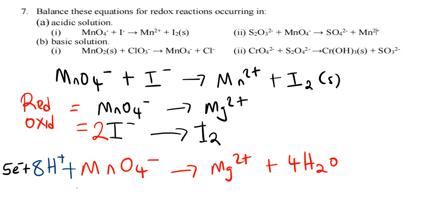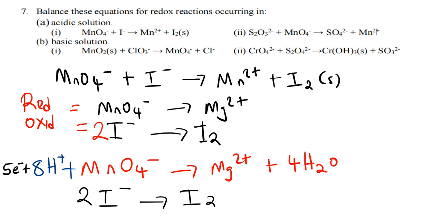this first reaction, the reduction reaction, let's look at the oxidation reaction. In this reaction, the other atoms are balanced. There's no oxygen, there's no hydrogen. So basically, we're just going to balance the electrons. In this case, I've got 2I minus giving us I2.